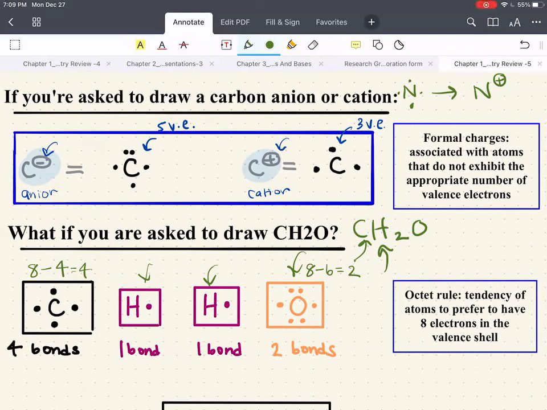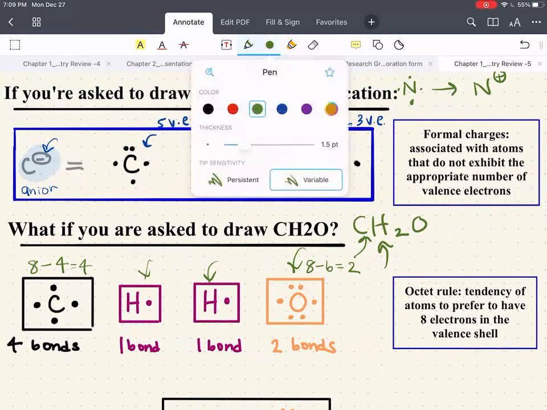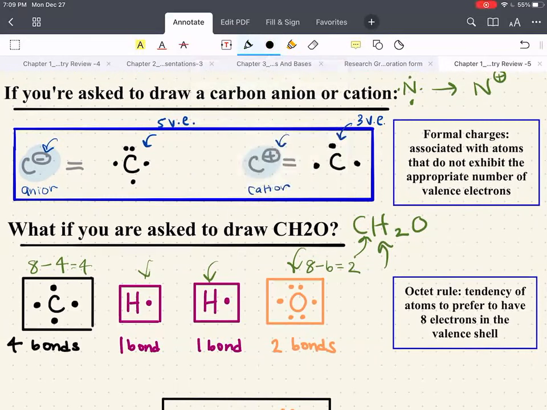Out of carbon, 2 hydrogens, and an oxygen, which one can form the most bonds? It's very clearly our carbon. Our carbon can form the most number of bonds, so it's going to be our central atom, and we're going to put it here in the center.